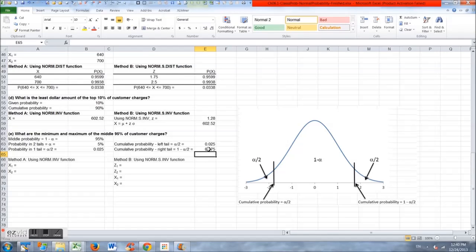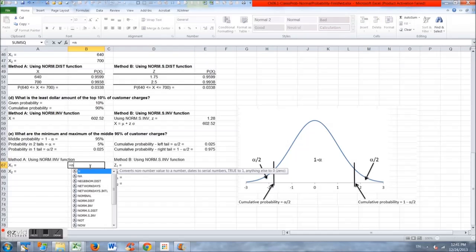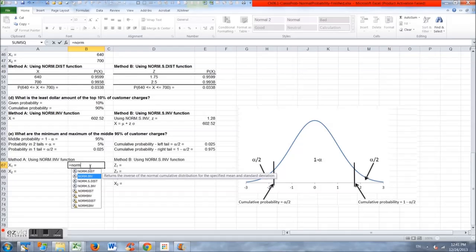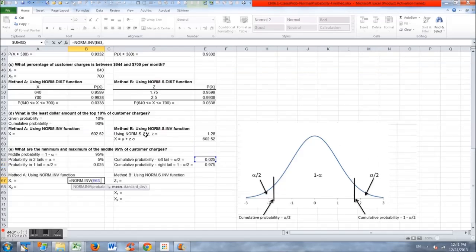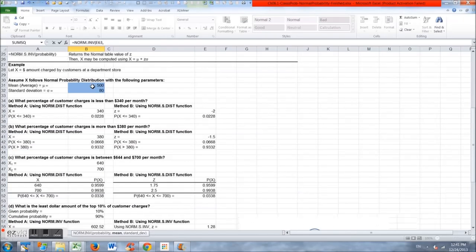So now that we have the two cumulative probabilities, we can apply those cumulative probabilities to norm.inv: cumulative probability of the left point, comma, the mean mu, comma, standard deviation sigma.